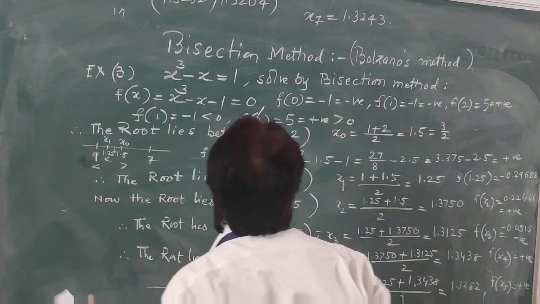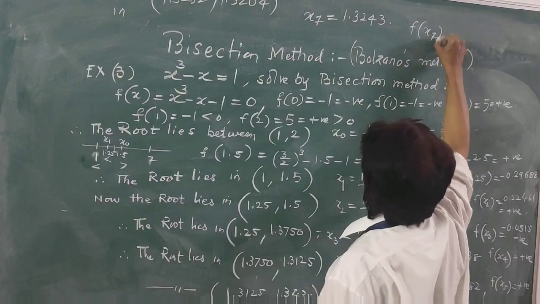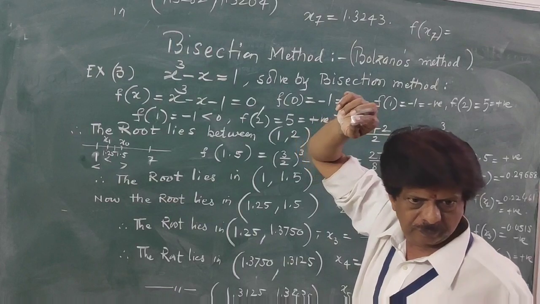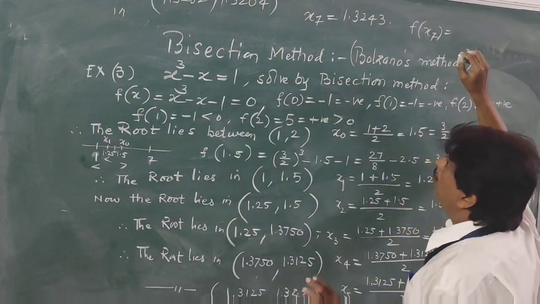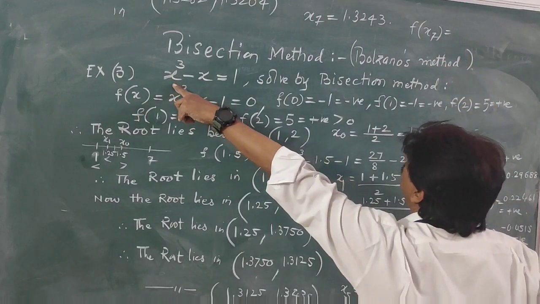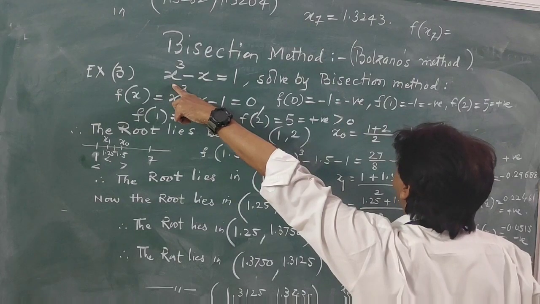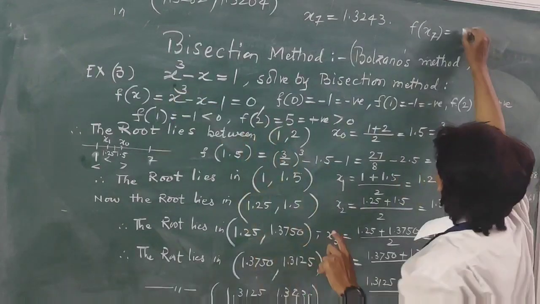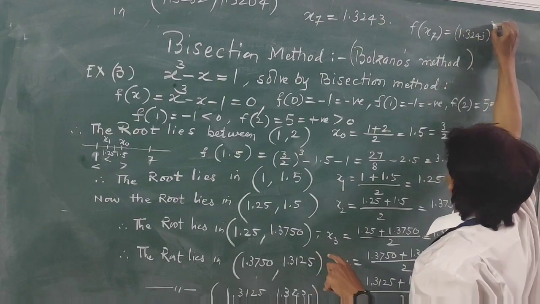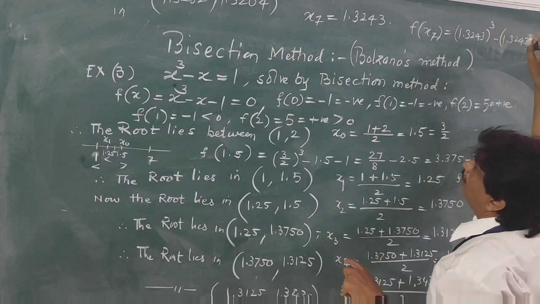And its f value, f of x7: put x7 equal to this value in this equation, 1.3243 cube minus 1.3243 minus 1.